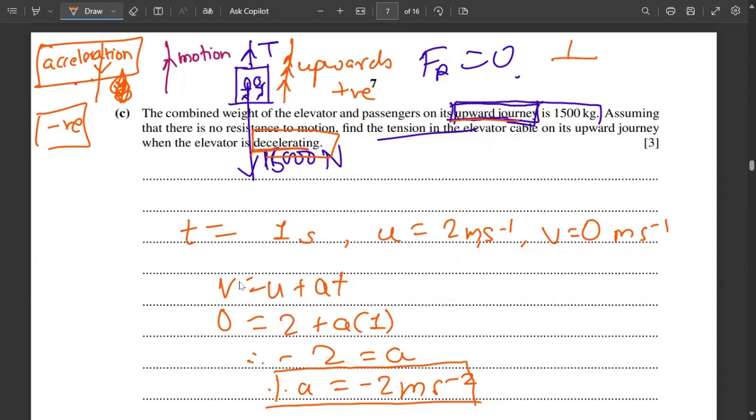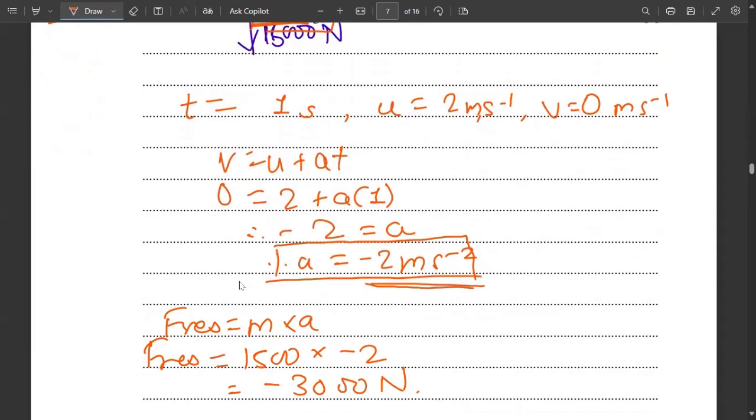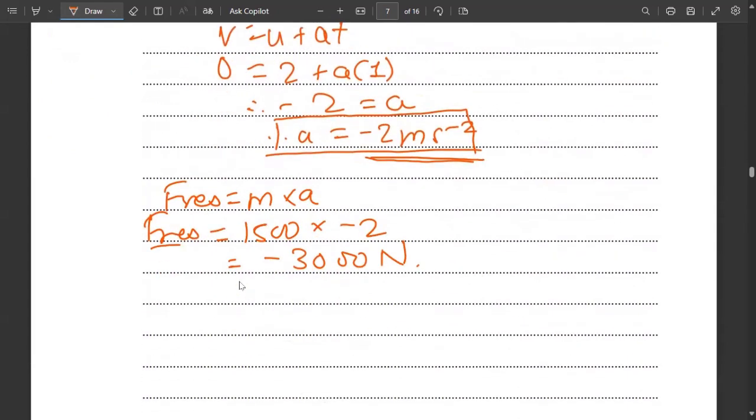That means even if the motion is upwards, the acceleration will act downwards. But if we consider the direction of motion, the value of acceleration will be negative. Here the value of acceleration we got negative, and which we applied here. So we got minus 3000, so minus 3000 F resultant.